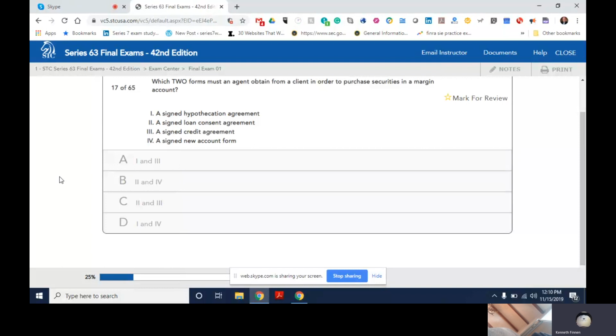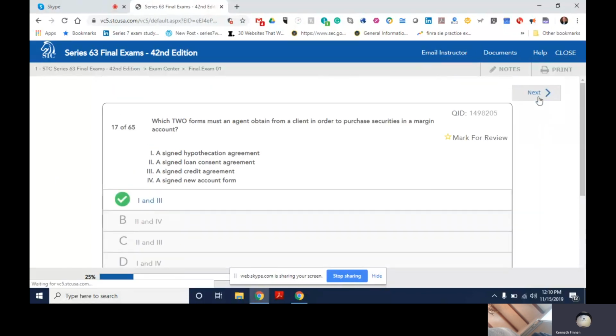So I'm going to throw that out. I'm going to say 2 is not an answer. So I know it's either 1 and 3 or 1 and 4. A signed credit agreement and a signed new account form. Since he's opening a margin account, he already has a new account form. So we're going to say it should be 1 and 3, a signed credit agreement. Let's go with that.